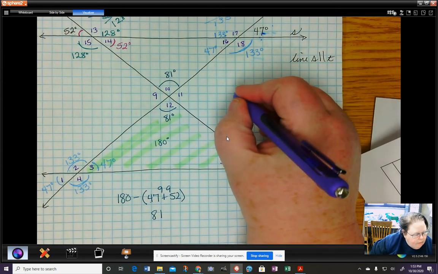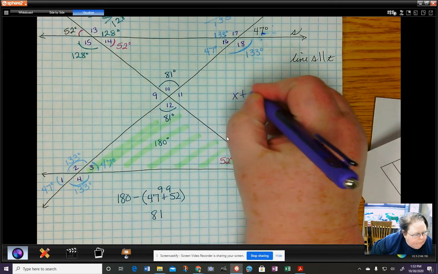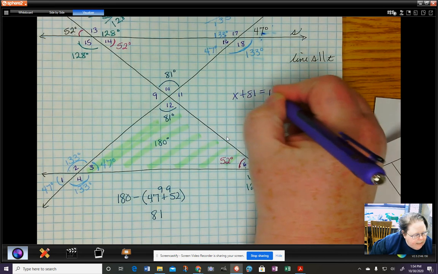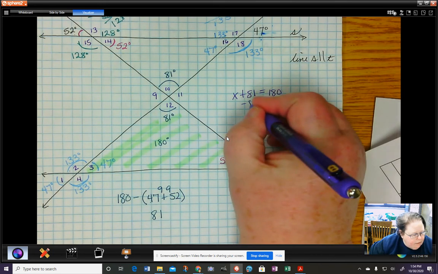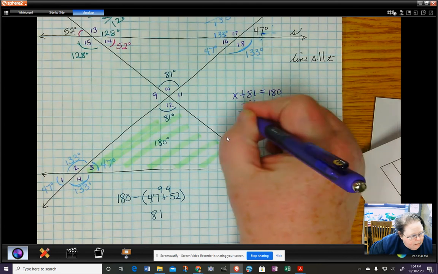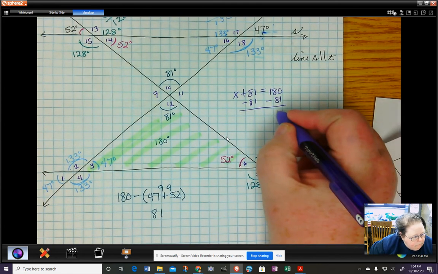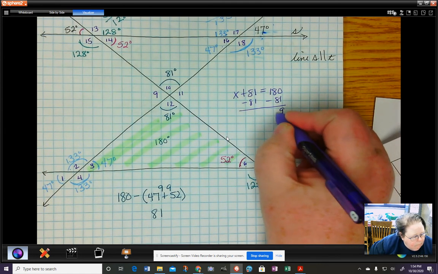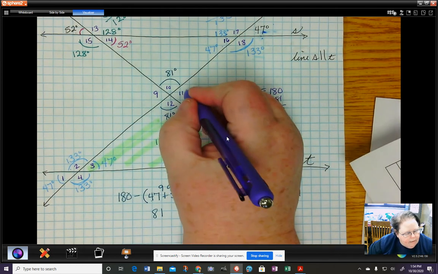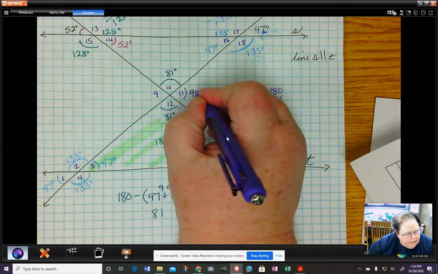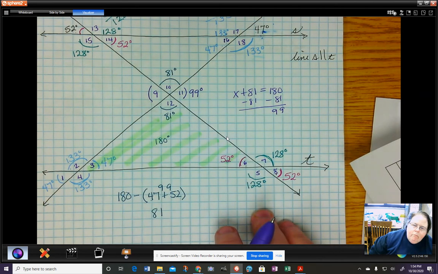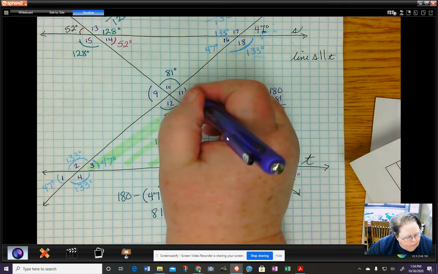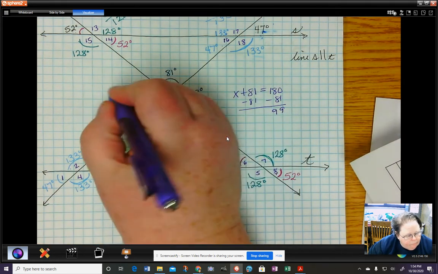That means that x plus 81 equals 180. How do I find out what x is? I subtract 81. And that gives me 99. So angle 11 is 99 degrees. So would 9 be 99 degrees also? Sure, because they are vertical angles.